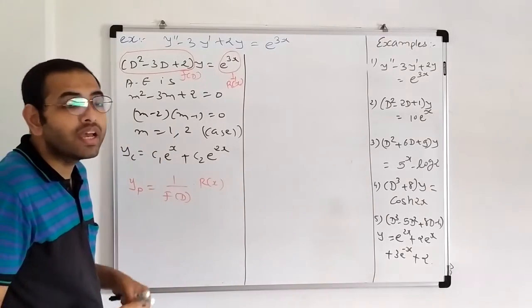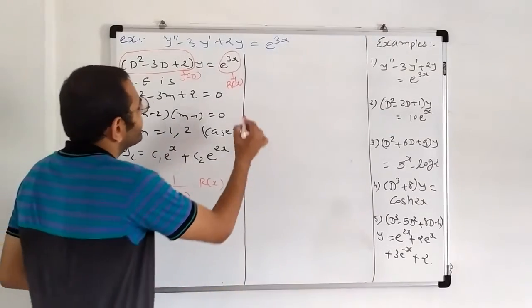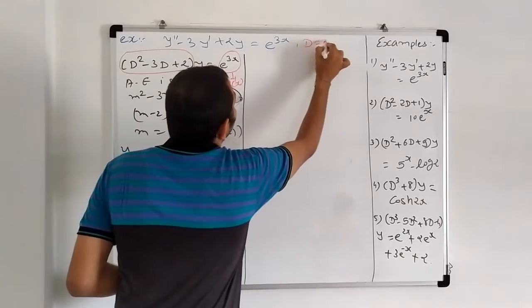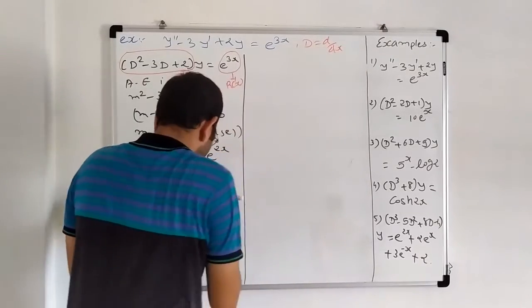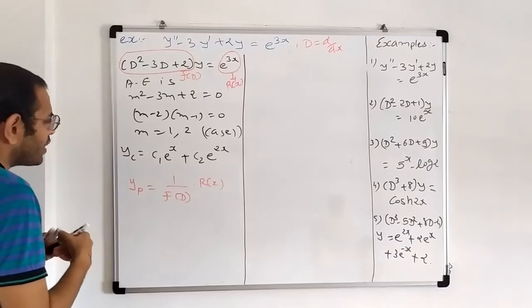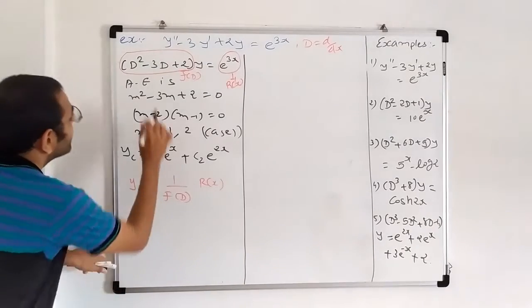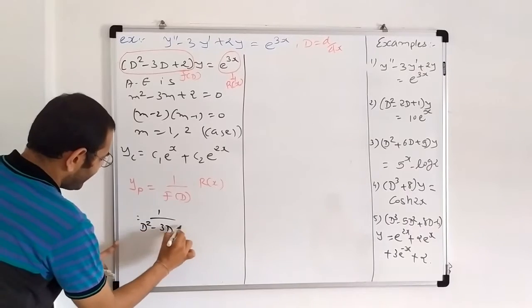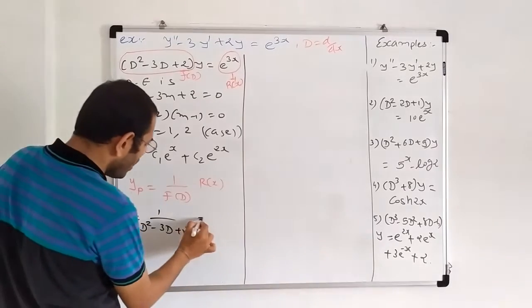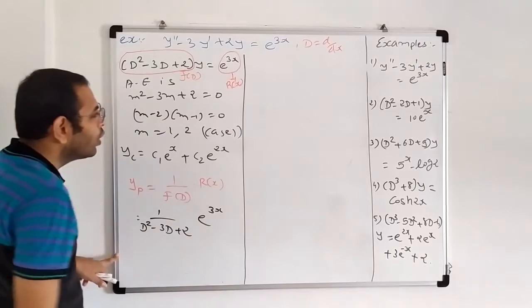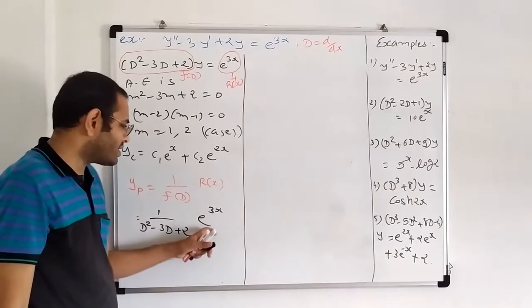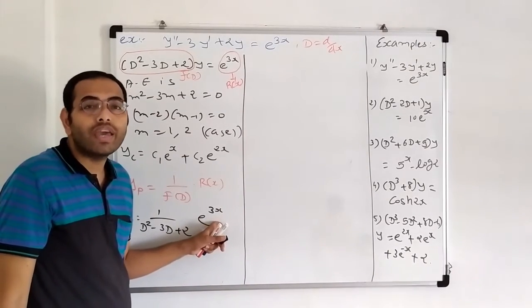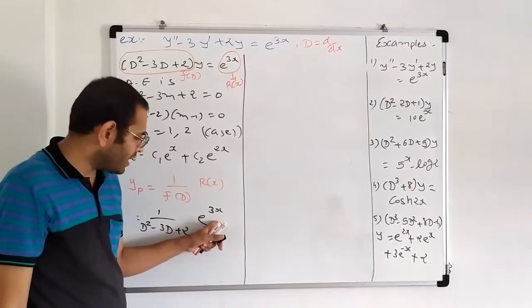Here D is the operator, where capital D equals d by dx. Now substitute the values of f of D and r of x. f of D is D square minus 3D plus 2, and r of x is e raised to 3x. In this case, we use case 1 of the particular integral.